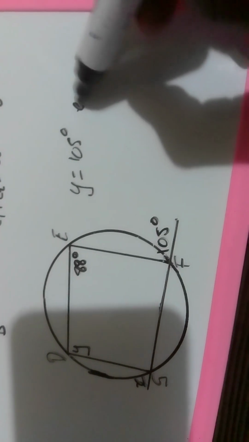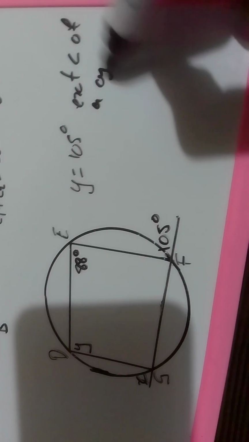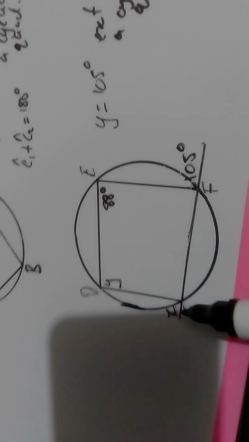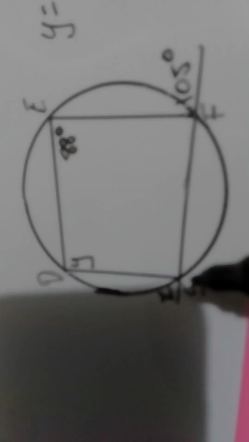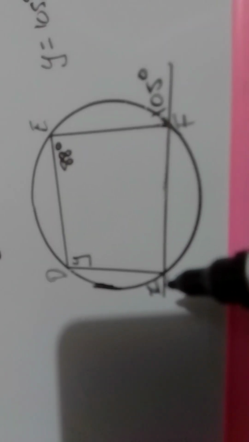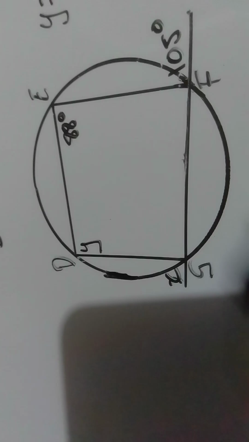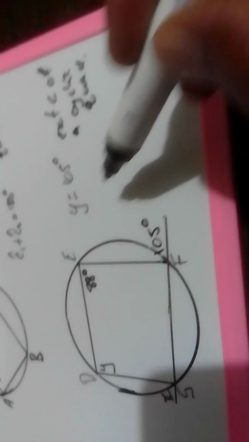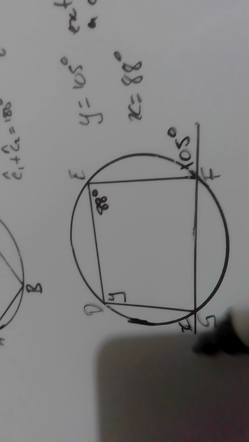Our reason, exterior angle of a cyclic quad. But we don't have one exterior. Check. We have been given angle C here at point G. At point G here, we've got angle X, and the opposite angle is 88 degrees, which means that X is equal to 88 degrees.